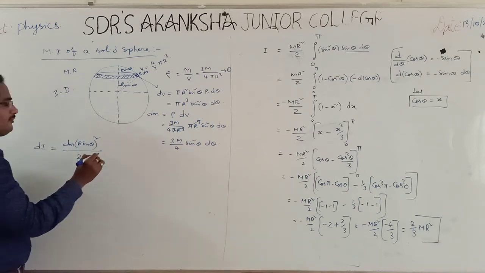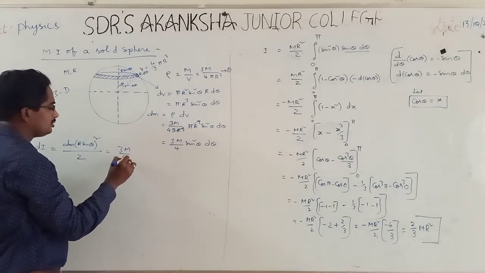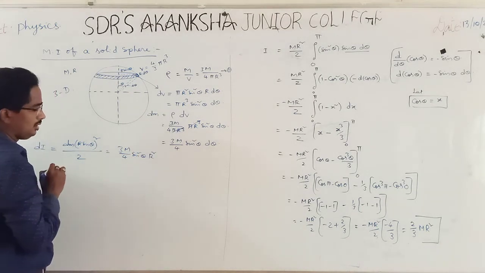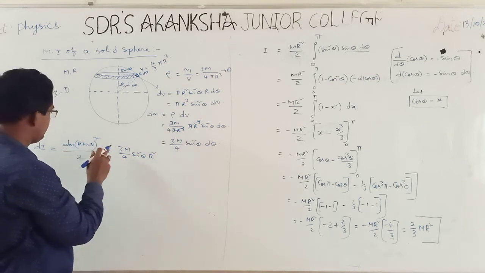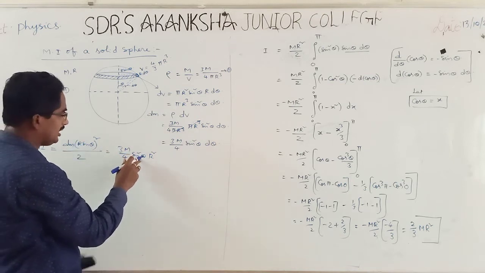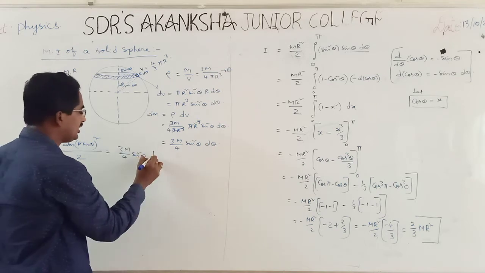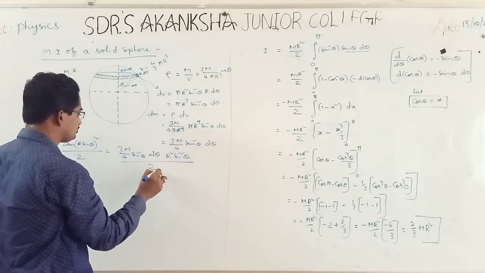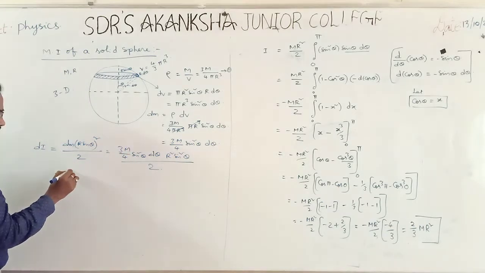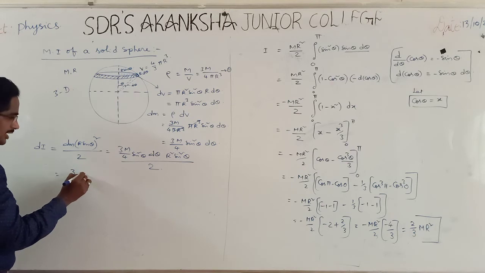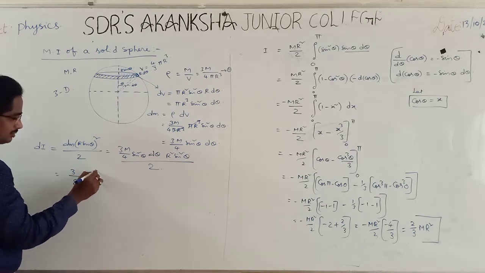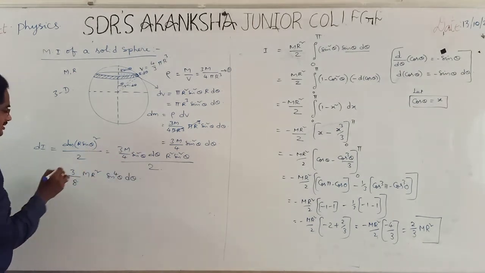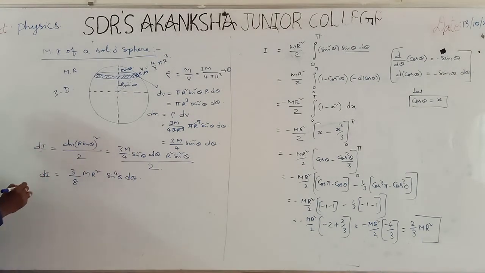What is the dm value? 3m by 4 into sin square theta d theta. So totally, we are getting 3 by 8 m r square sin power 4 theta d theta. This is the moment of inertia for this.